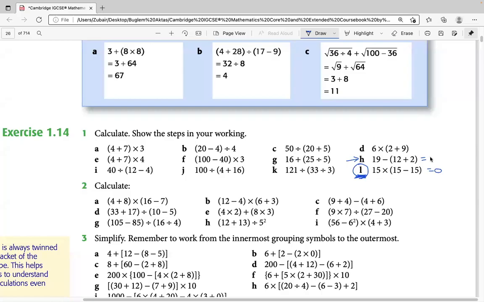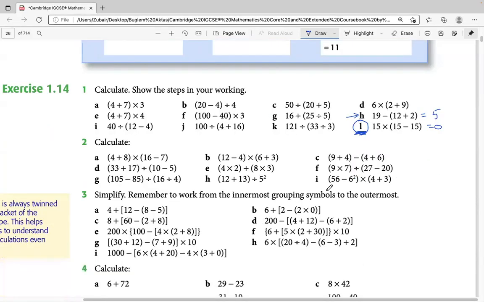Let me see that again. 14, and then 19 minus 14. Oh, no, no, no. 5. Okay, good. So sometimes questions are easy, we just have to avoid what I may call an elementary mistake. Okay. Question 2, H part.